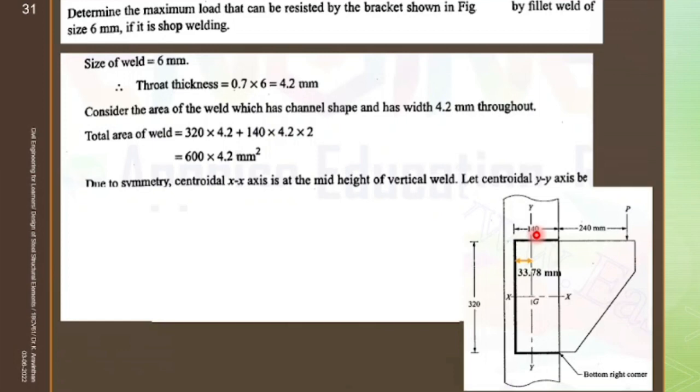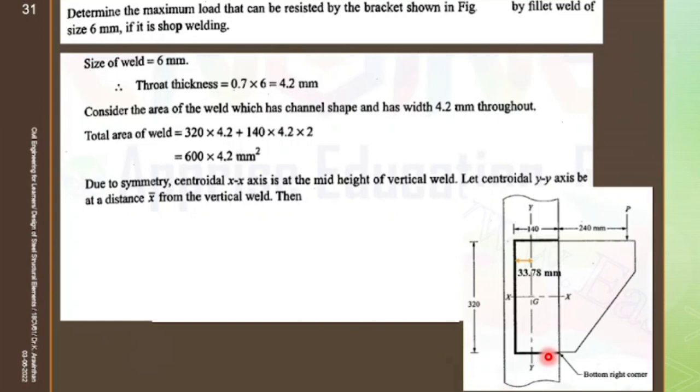Okay, let us complete this. Now you have to find 33.78. What is 33.78? This is the centroid for the channel section. How to find the centroid? What is the formula? If any shape is given to you, how to find the centroid? X equals A1 x1 plus A2 x2 plus A3 x3 divided by A1 plus A2 plus A3.